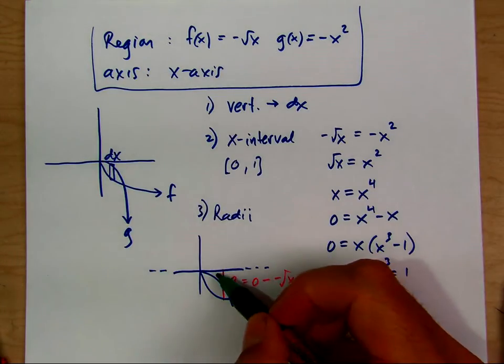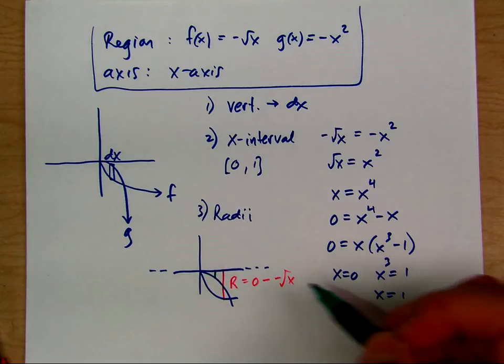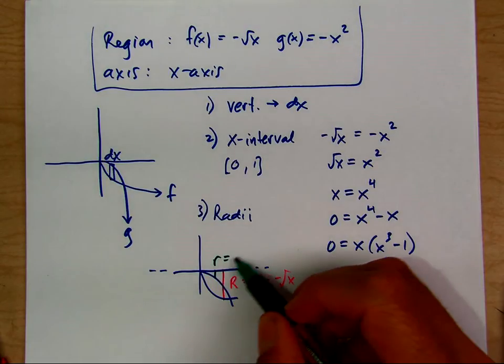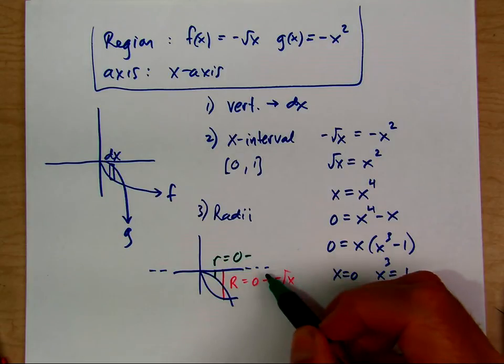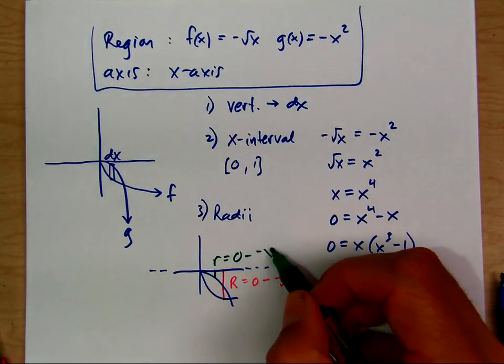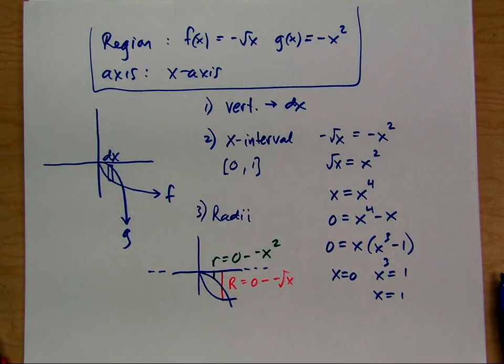For the small radius, we go from the axis to the closest part of the region. That's little r, and that'll be top, which is the x-axis, minus the bottom, which is g, and that's negative x squared.